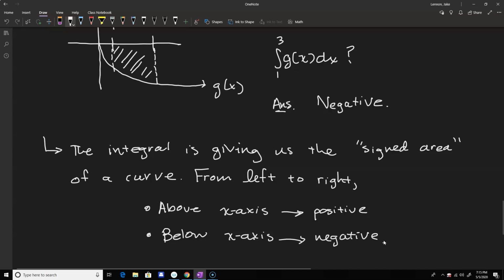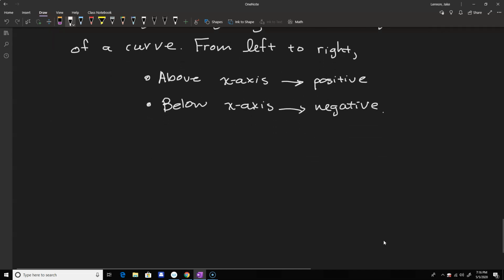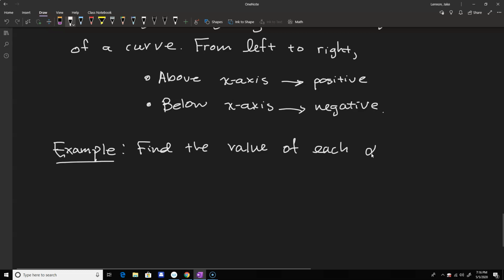So maybe we could do a quick example with just a picture. Let's say find the value of each definite integral by using the picture.